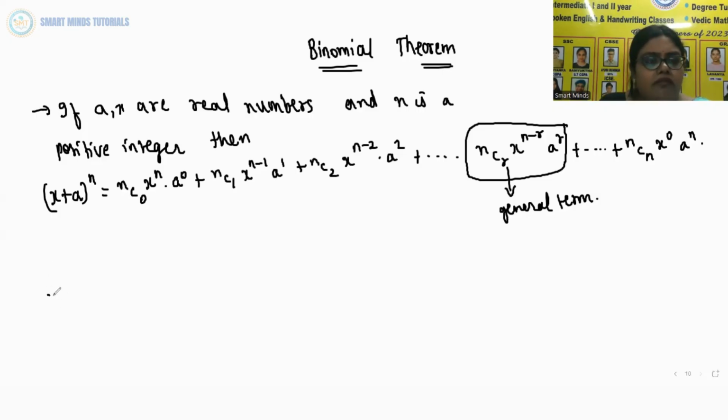Now if you have (x - a)^n, then its expansion is nC0 x^n a^0 - nC1 x^(n-1) a^1 + nC2 x^(n-2) a^2 + so on up to (-1)^r nCr x^(n-r) a^r + so on up to (-1)^n nCn x^0 a^n.